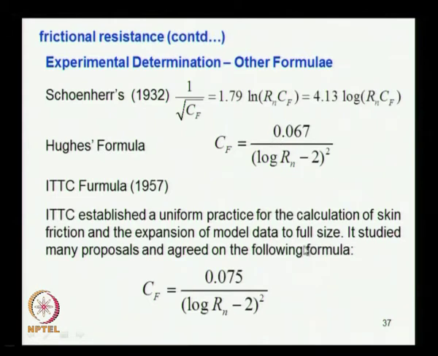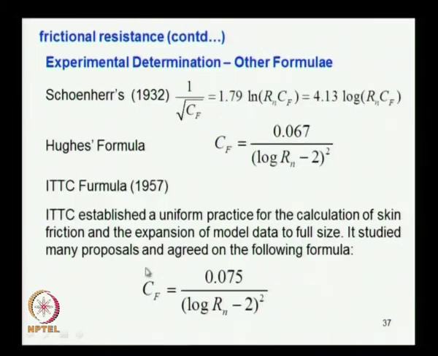After their study, they put forward this as the appropriate formula. At that time, in 1957, they said it was a tentative or temporary suggestion that could be revised subsequently based on further research and experience, but the fact is the formula remains the same and is still being used even now. So, that is the expression put forward by ITTC, by which the Cf value can be estimated.